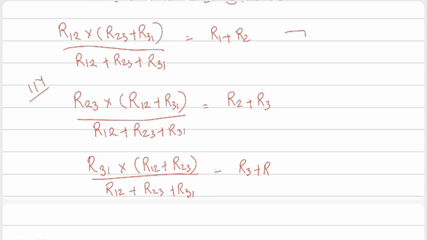Now adding all these equations, we will get 2 times R1, 2 times R2 and 2 times R3. Same way on the other side, we get R12 into R23, R23 into R31, and R31 into R12, each appearing twice.